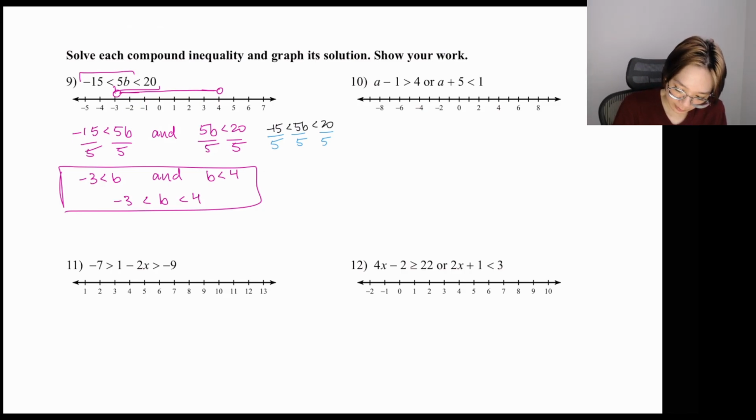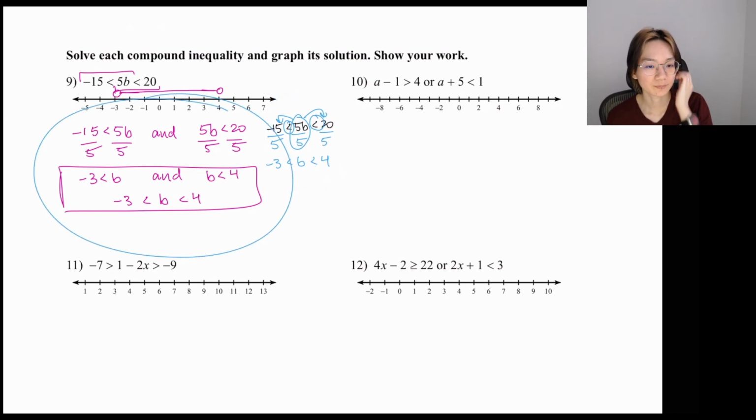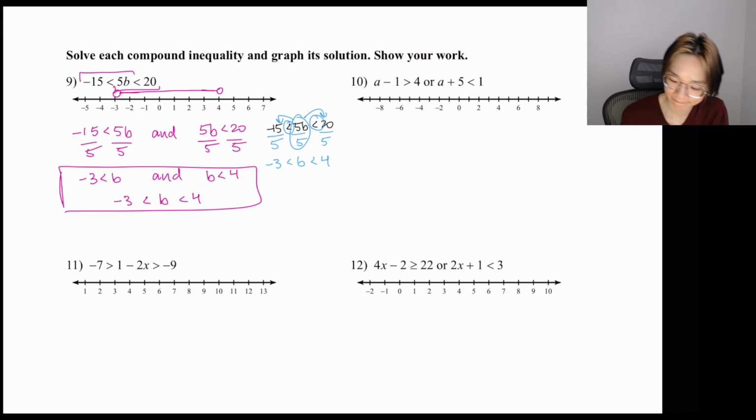You're dividing negative 15 here, so you have to do it to the other side of this symbol, and you have to do it to the other side of this symbol. And that's a very fast way to get the same answer. I would accept this as the work, as long as you actually show me your work. But this way is the way I taught you. Still get the same answer.